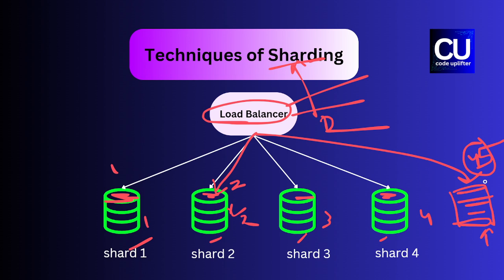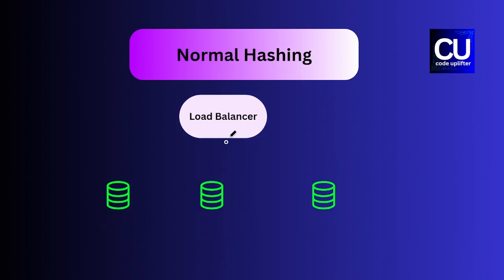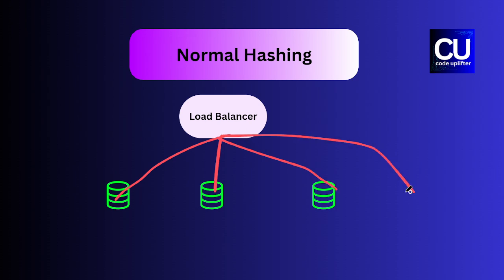You don't want any downtime, and to reshuffle all this data, you need downtime, right? This is normal hashing. If a fifth database comes, you need downtime to reshuffle the data, otherwise this load balancer logic will not work.